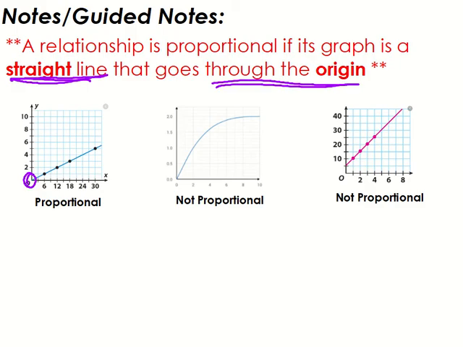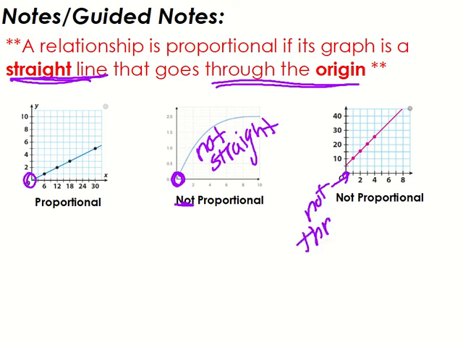So the second one is not proportional. It does go through 0, 0, but if you notice, it is not straight. So that's why it is not proportional. And then the third one is not proportional because it does not go through the origin.